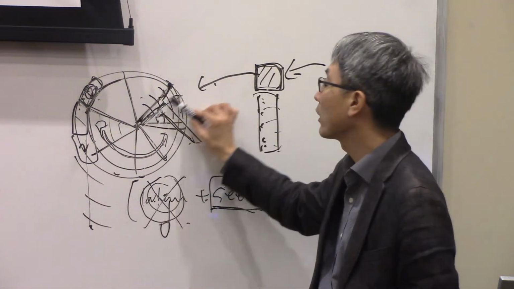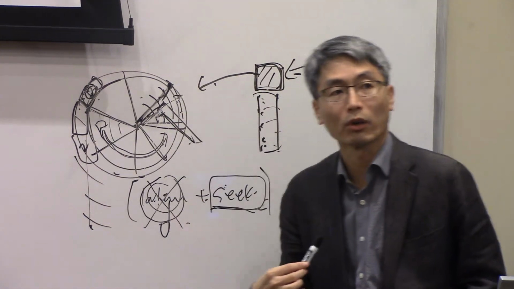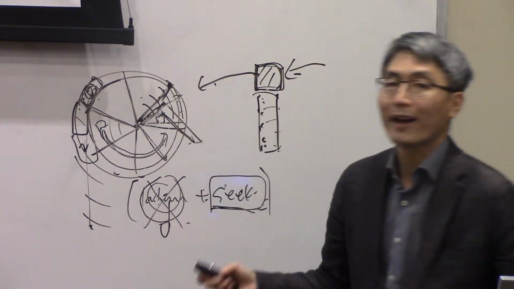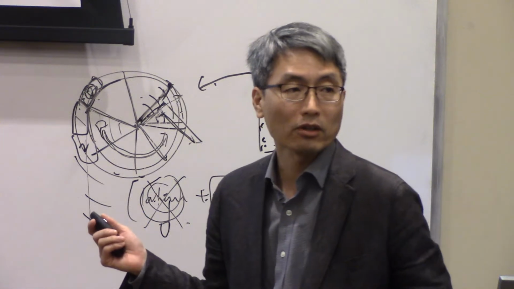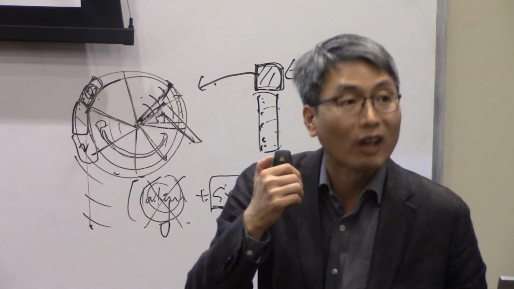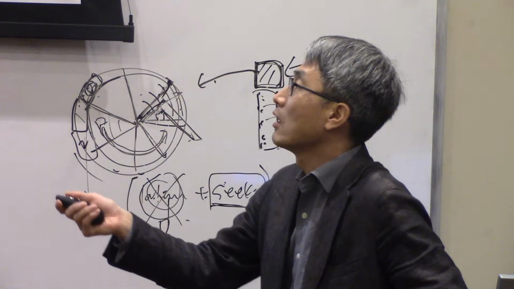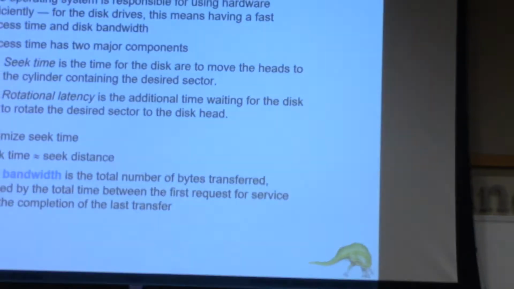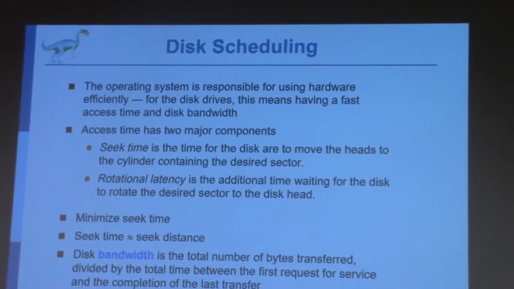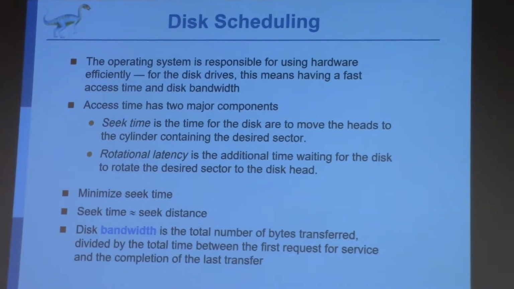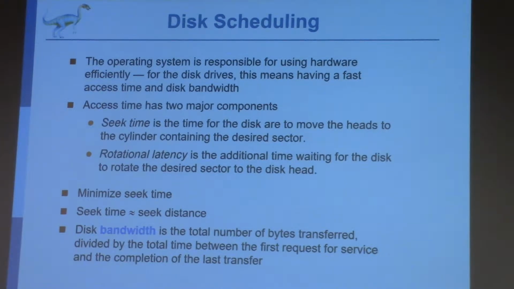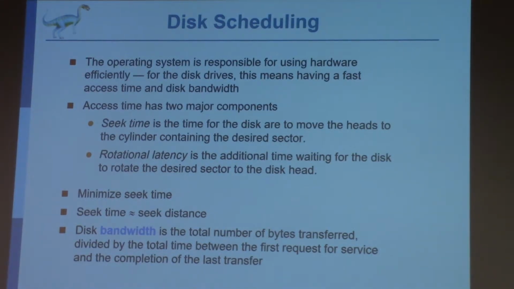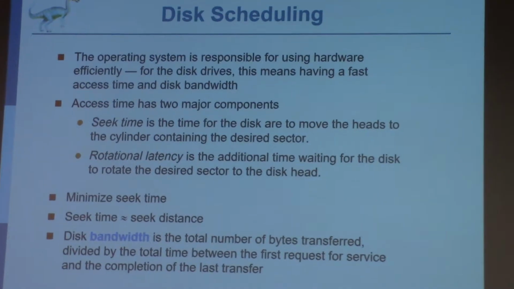If the head moves a shorter distance, the time will be shorter. So when we design such a disk scheduling, instead of measuring the time, we can just calculate the distance of the head movement, how much the head is moving. So we can change the problem of disk scheduling into minimizing the seek distance of the moving head. We will see such different schedules.